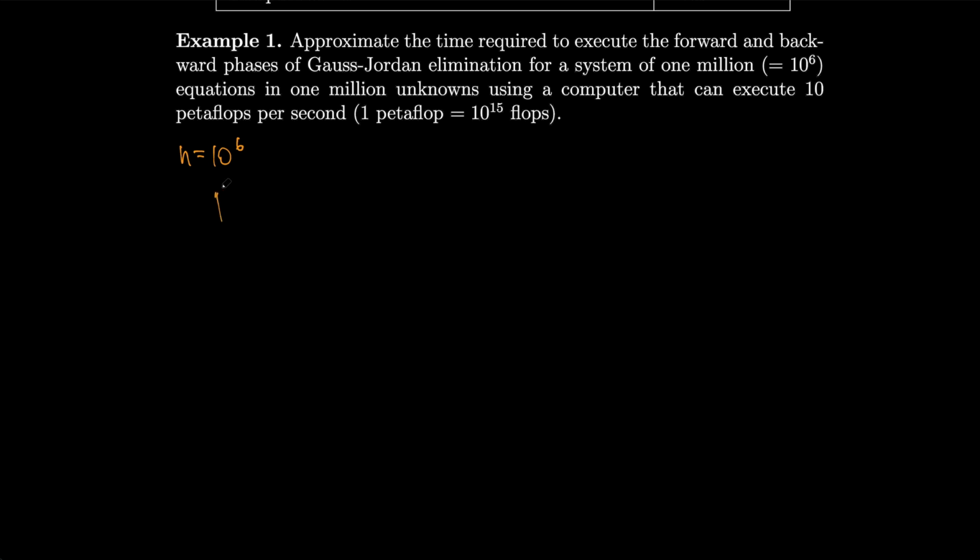We know that the petaflops for the forward phase from our table is approximately 2/3 n cubed, but that was in flops, so we multiply by 10 to the minus 15th to convert to petaflops.